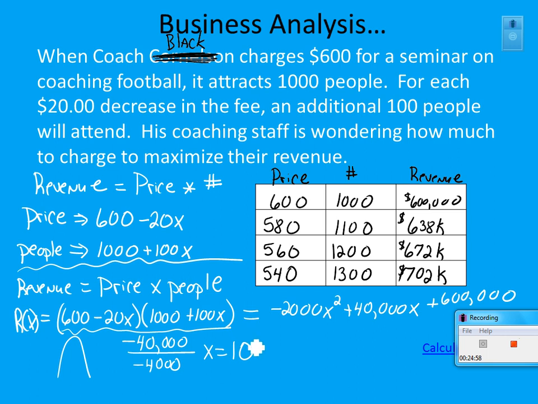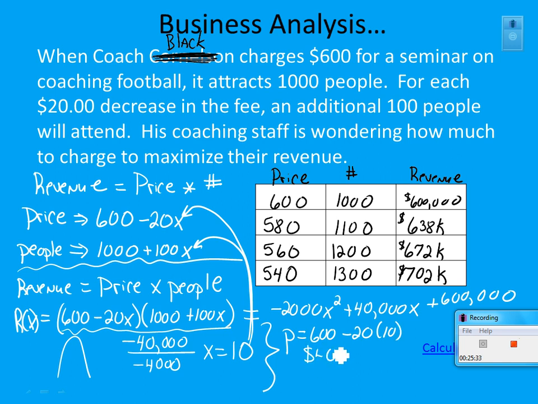So I need to plug a 10 right there and right there. So here's going to be my maximum revenue. The price I'm going to charge is 600 minus 20 times 10. So the price I'm going to charge is 400 bucks. The number of people, I'm going to plug a 10 right there.